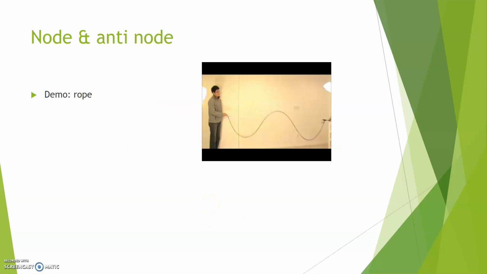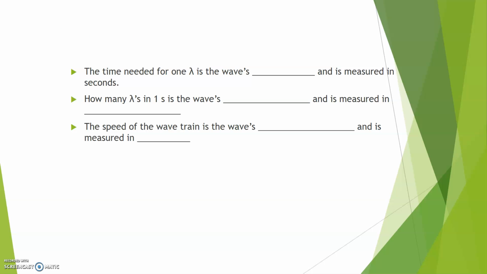So what you can do is this demonstration, and it will really help you understand nodes versus antinodes. Take a rope of some kind, tie it to a doorknob, or have somebody hold it in your hand. It could be a rope, a slinky, or a piece of string, it really doesn't matter. You're going to flick your wrist up and down, and if you flick it just fast enough, just right, you're going to get to a point where there are positions that don't move back and forth.